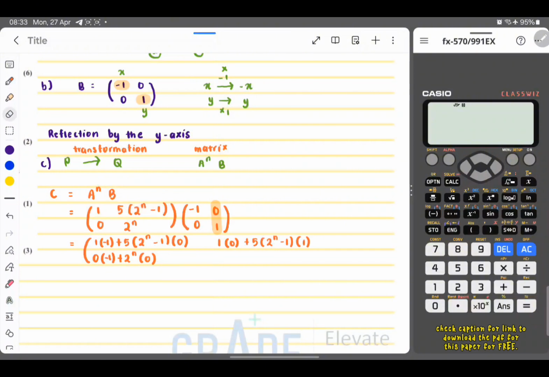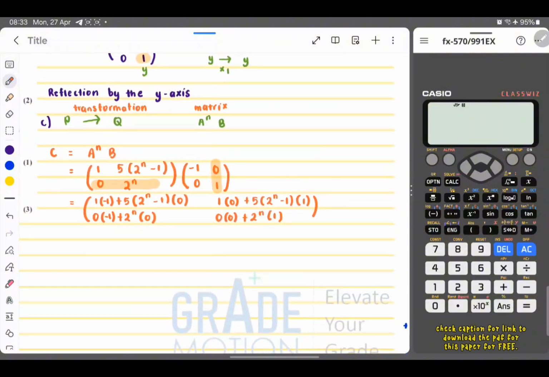Okay, we will consider first matrix, second row, second matrix, second column. So this would be, let's begin with the elements from the first matrix, 0 plus 2 to the power of n. The elements from the second matrix, open bracket 0, open bracket 1.